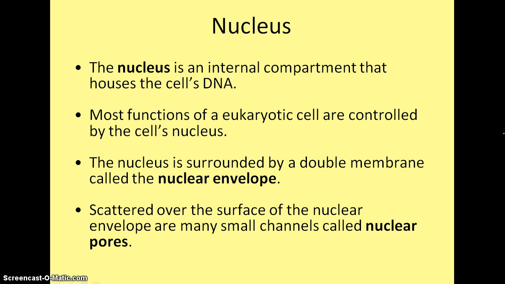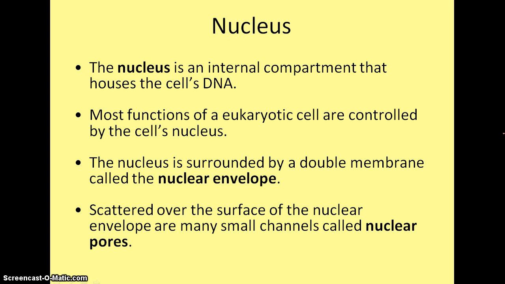So the nucleus holds all this DNA inside of it, and it has a barrier that prevents the DNA from escaping, called the nuclear envelope. All over this nuclear envelope, we have little pores called nuclear pores that allow some of the DNA to escape in the form of RNA, which is a little bit different, and we'll talk about it when we get to protein synthesis.